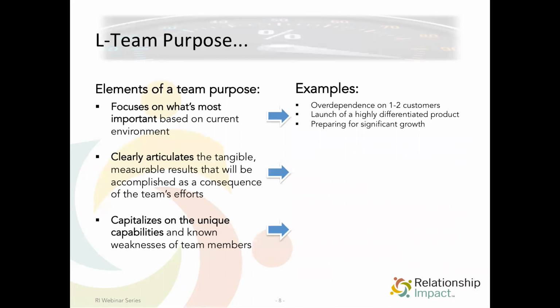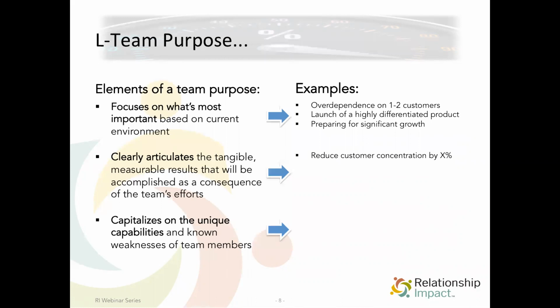And then obviously it's really important to articulate the tangible results that you want to achieve. So for this customer concentration issue that I described above, the goal was, how do we reduce customer concentration by a certain percentage, right?